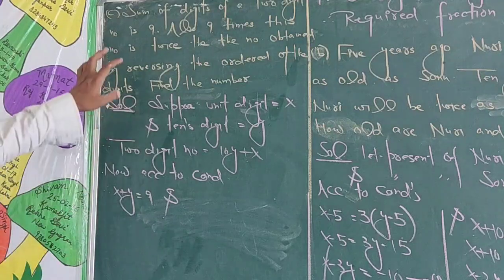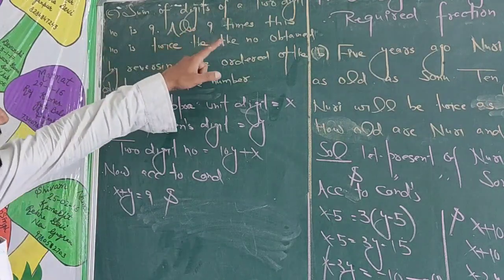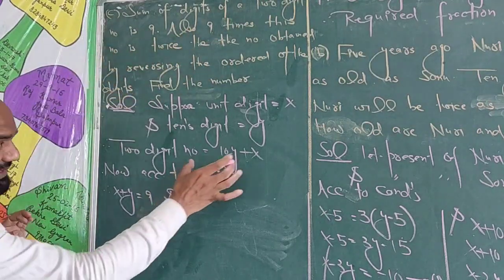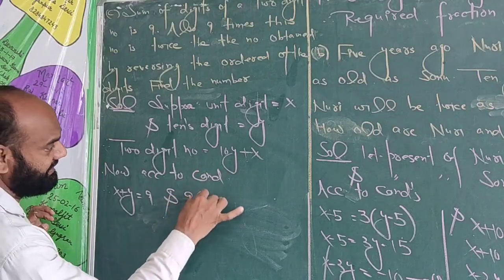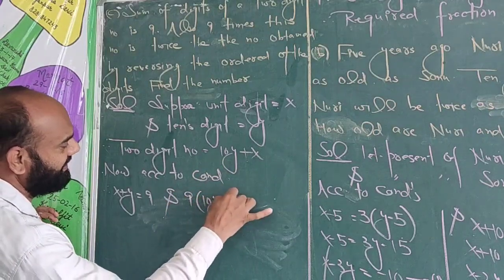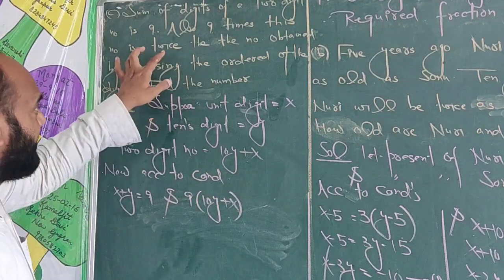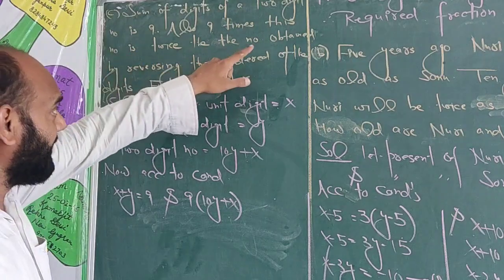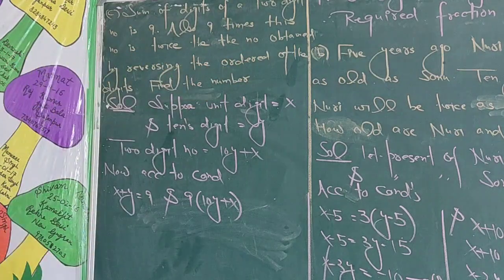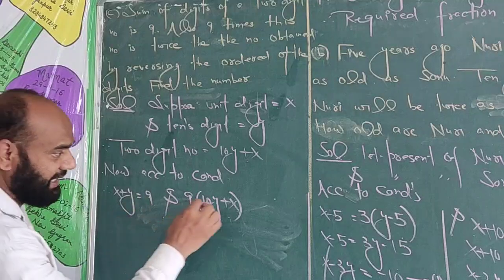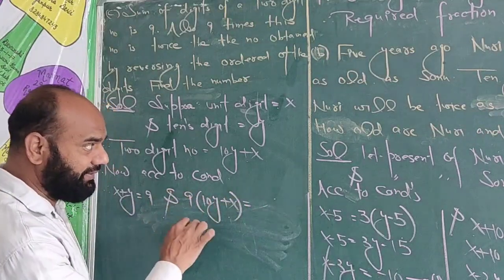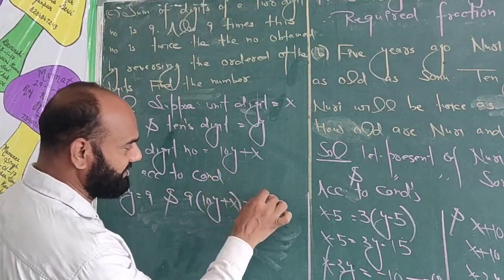And the second condition is that 9 times this number, and this number is 10y plus x, is twice the number obtained by reversing the order of the digits.